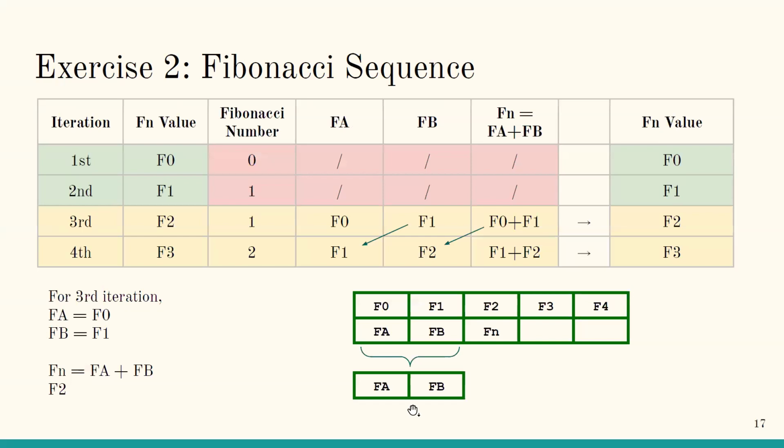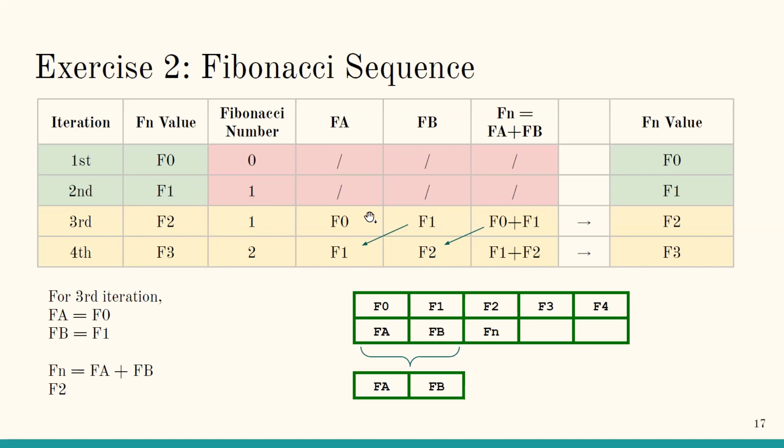So what about the actual coding? The first two rows, remember that they are given, so we don't have to calculate that. The columns here are telling you different parts of this calculation. First iteration, second iteration, we don't have to do them because they're given. So the value for F0 is 0, value for F1 is 1.